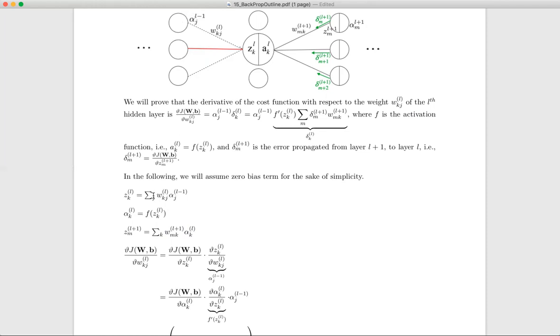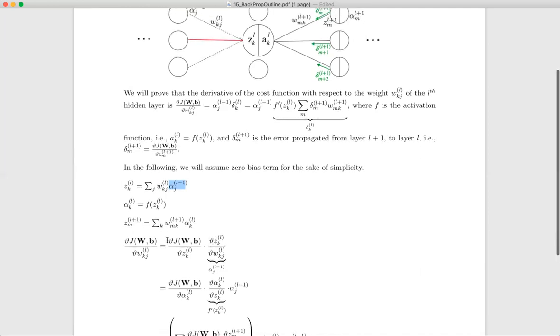And the reason for this is that we can actually compute that from this expression. So we can see here that if we take the first order derivative of z of k with respect to w_kj, then the only thing that remains from this sum is essentially this activation here, which is what we substitute for this first order derivative.